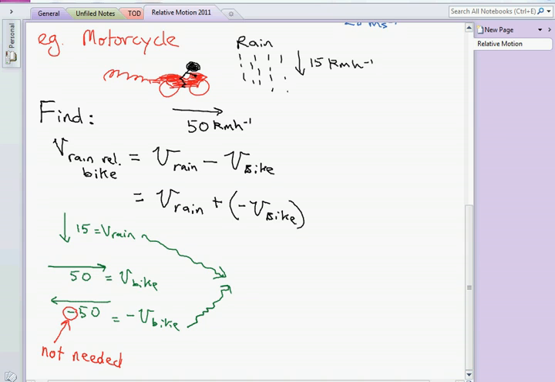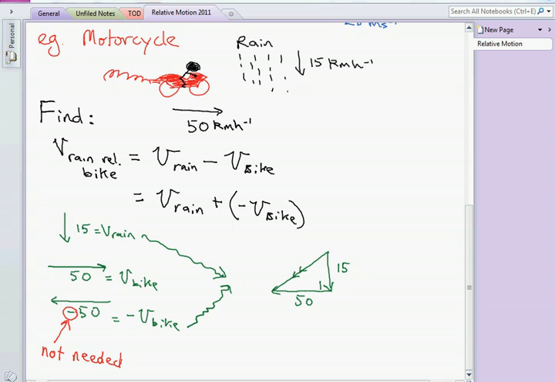So the sum of them together, V rain plus minus V bike. Top to tail. Okay, minus V bike. That's 50, that's 15. And then this.